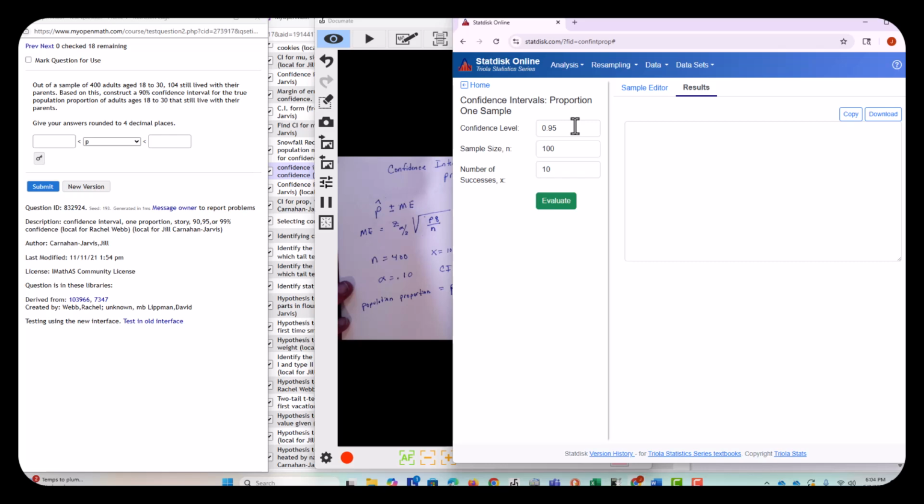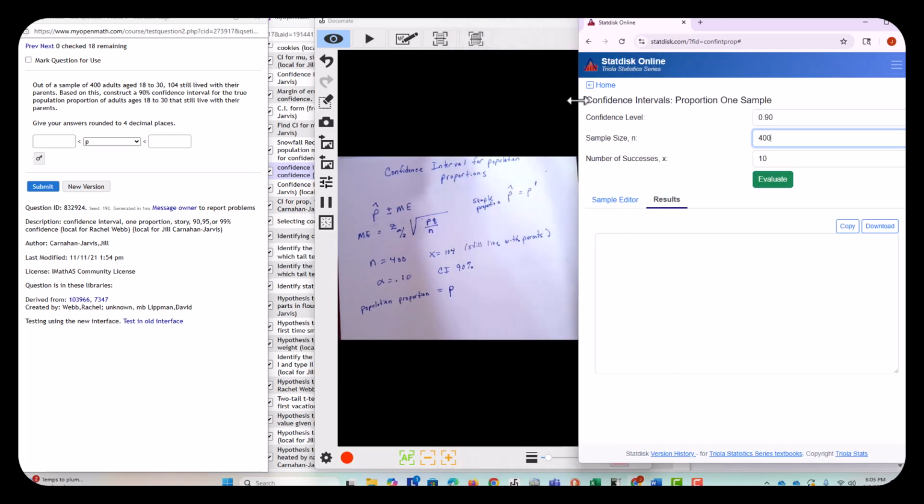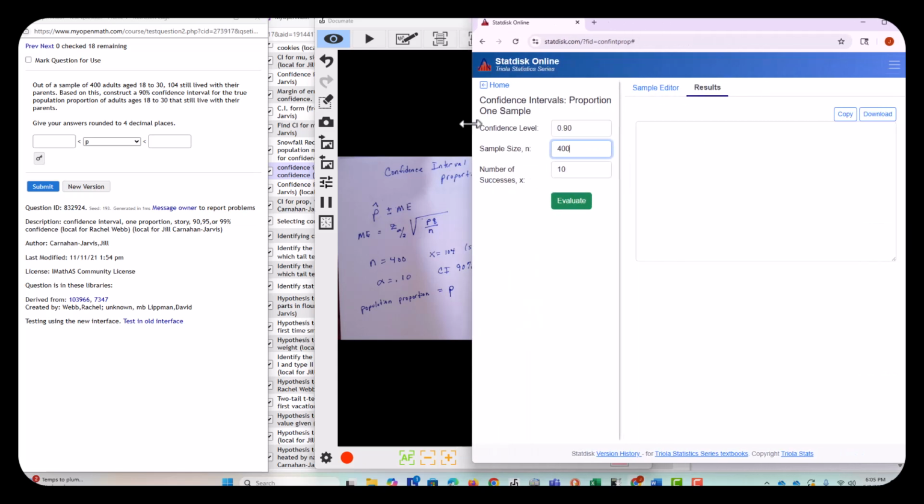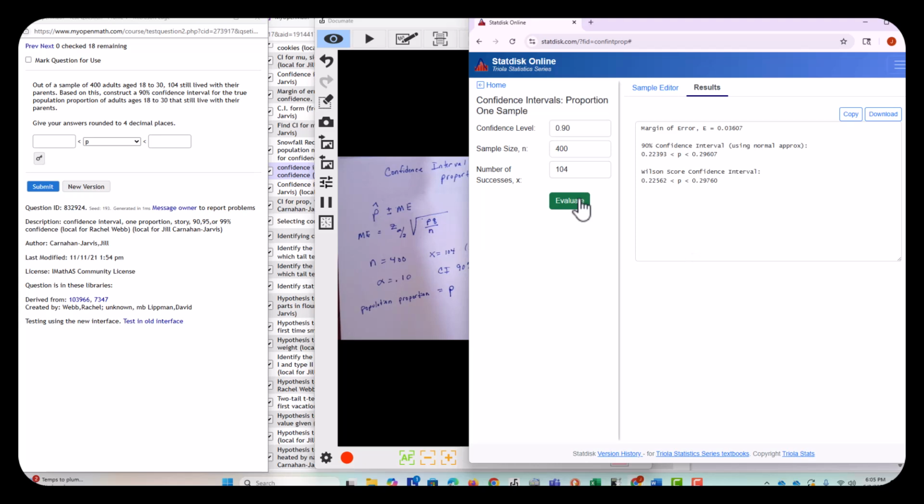It's going to ask for your confidence level, which is going to be 0.90. Your sample size in this case is 400, and your number of successes is your X value. What was X? Because you're asking if you still live with parents, it is 104. Then Evaluate.